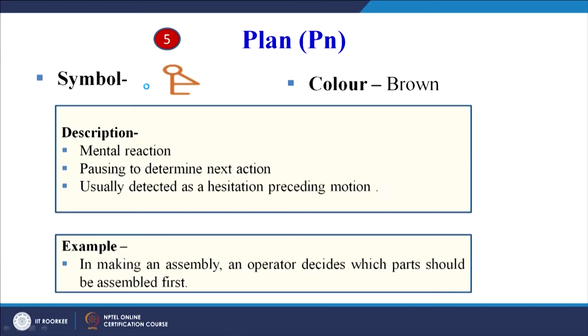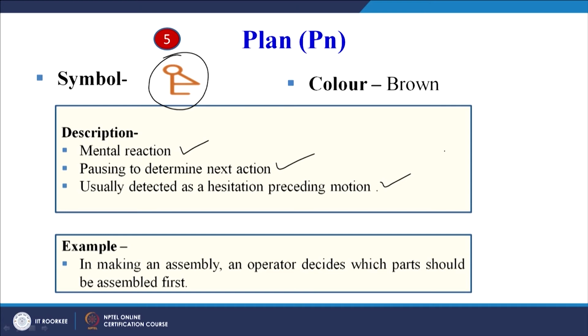Then plan. All of us do a little bit of planning. The symbol is given here. It is a mental reaction. It is pausing to determine the next action, usually detected as a hesitation preceding the motion.